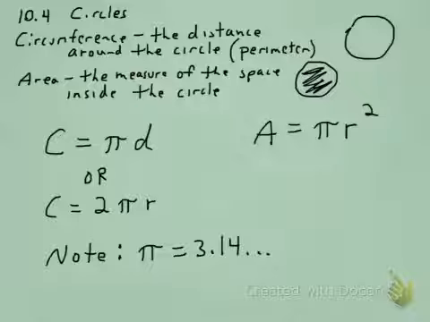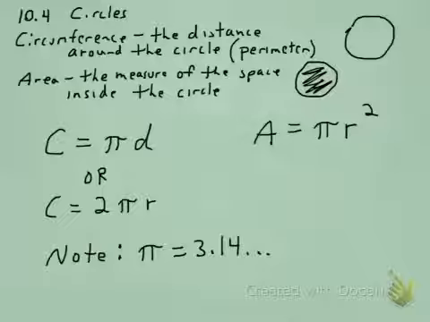Okay, pi is 3.14, so if we're doing the circumference, we do 3.14 times the diameter. Or you can do 2 times the radius times pi, because remember, a diameter is the long one, so it's equal to 2 times the radius. So either way, area is pi r squared.